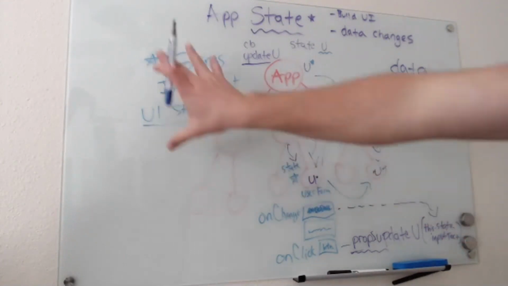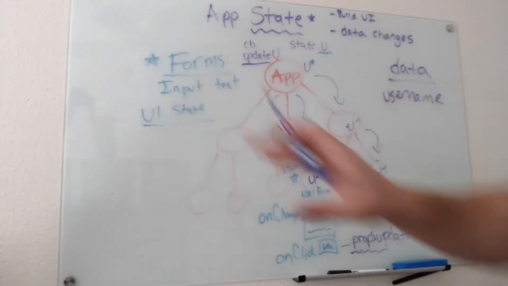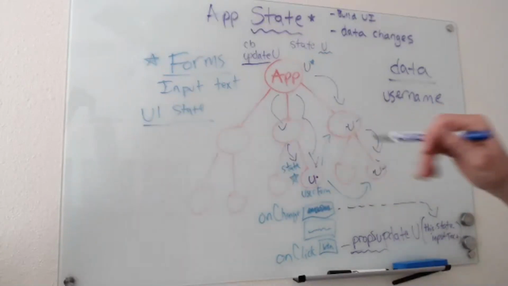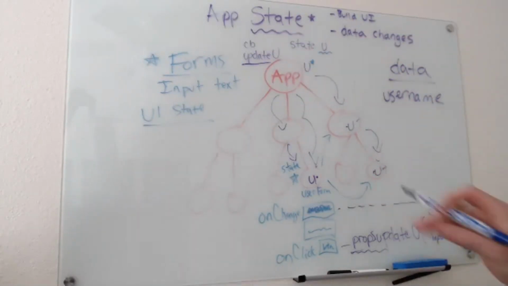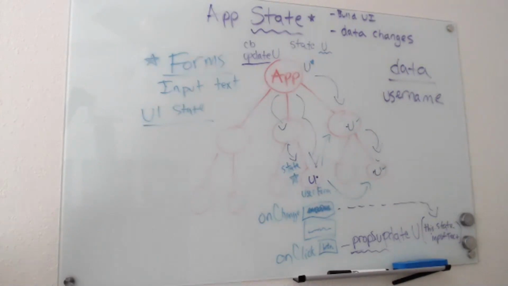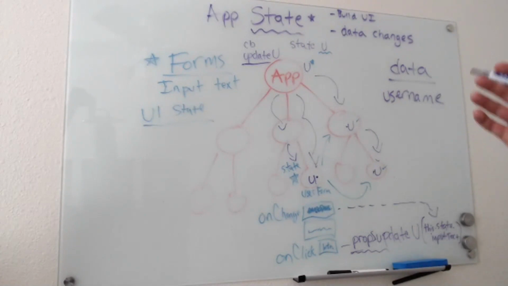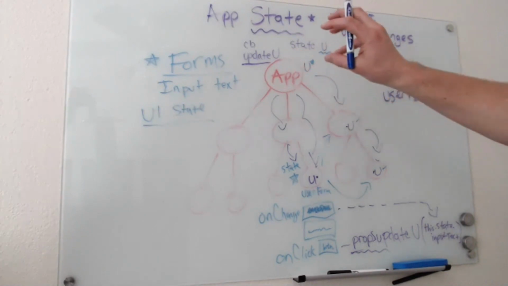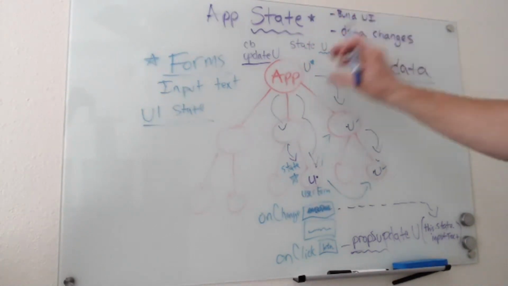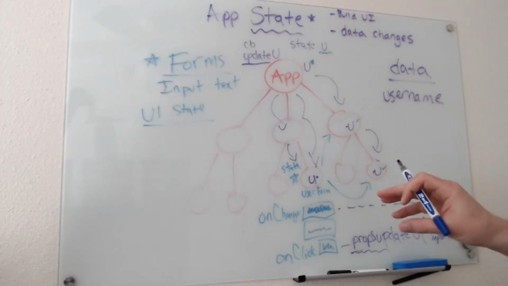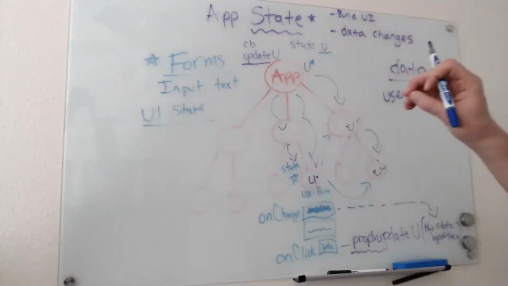So this whole idea of forms and UI state being managed somewhere else in our application really muddies up this state idea. And so you just have to really, really imagine or really be able to know where each piece of data is being managed.